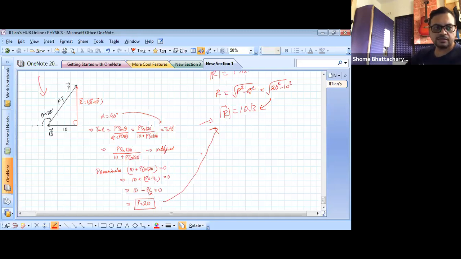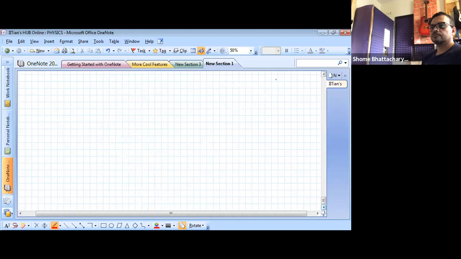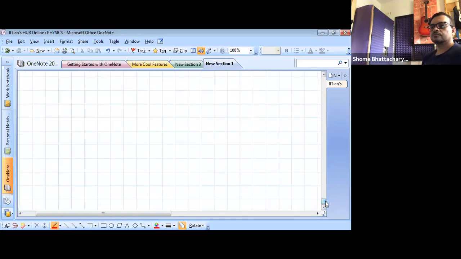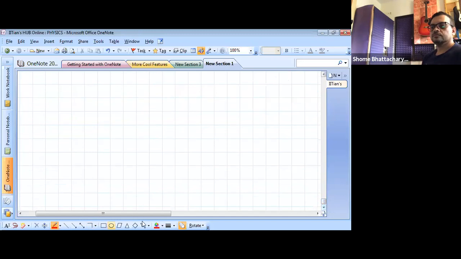Then we have to find the angle between P and Q. So let's understand what this means. So don't worry, once you understand the meaning of this question, you will find it easy enough to solve. Just initially the language might have put you off.